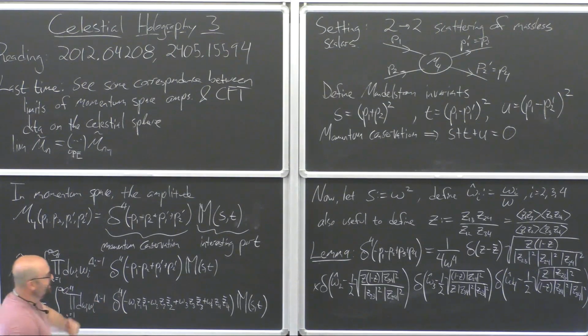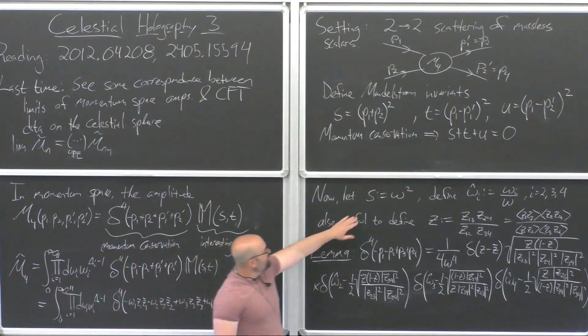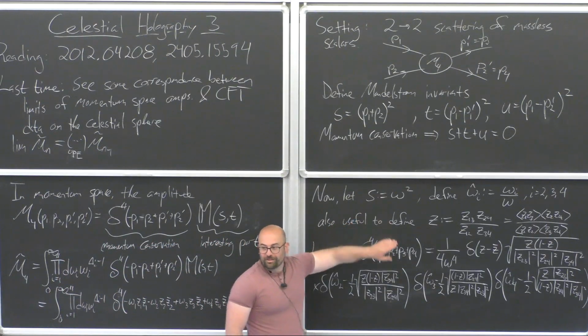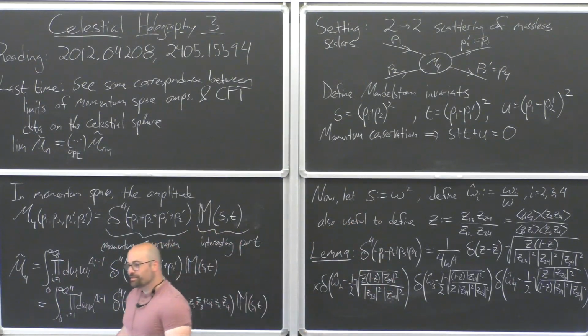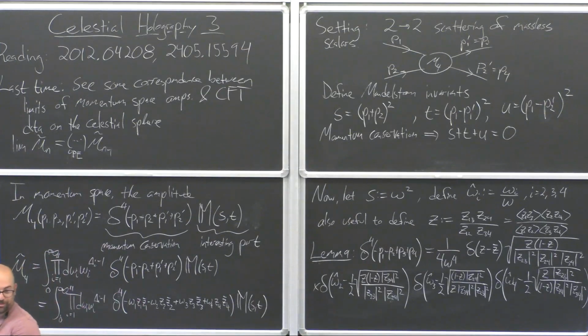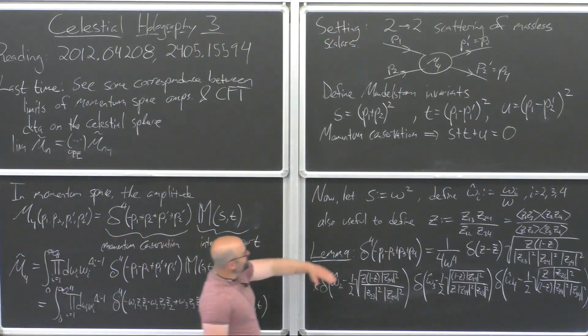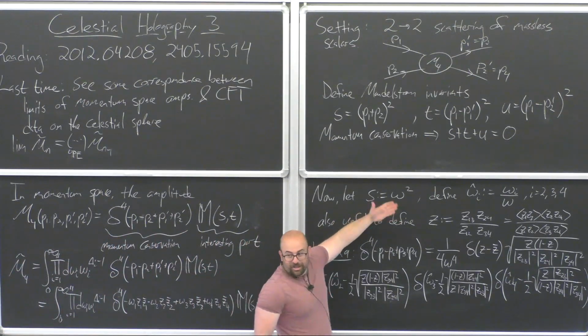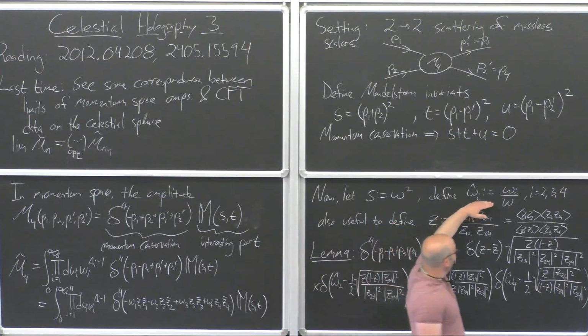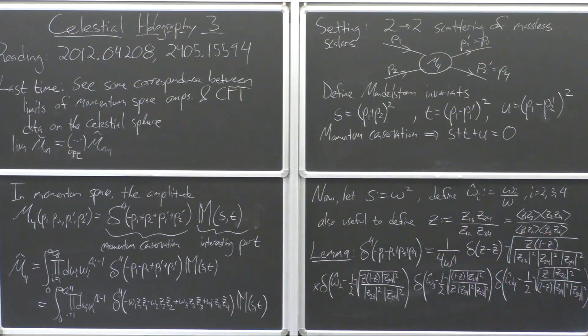So in the T channel, that would be the Mandelstam invariant S. So you might say it makes sense to try and identify one energy scale that you'd like to be left over at the end of the day that you can't integrate away against the delta function. So that would motivate this change of variables. And then the idea is that you are just defining some dimensionless quantities, omega hat i, once you've identified that universal scale.